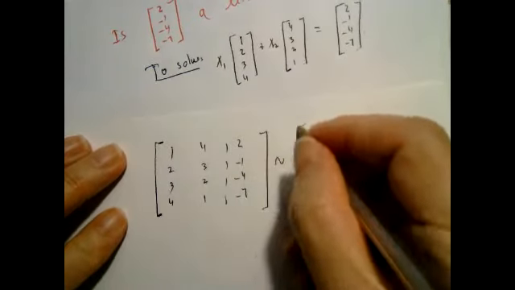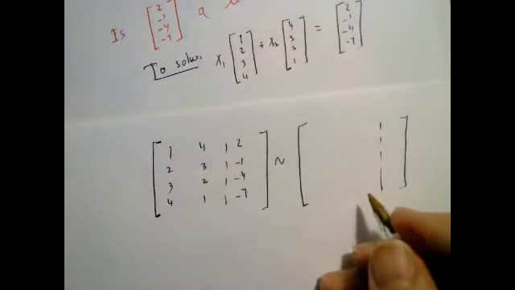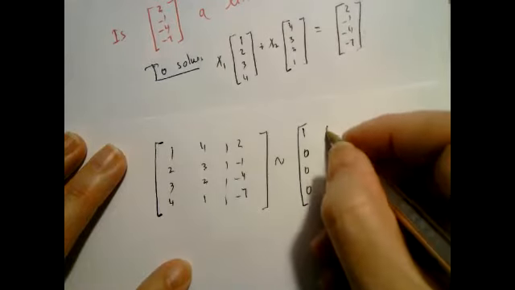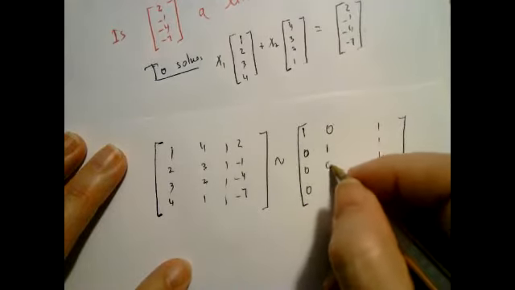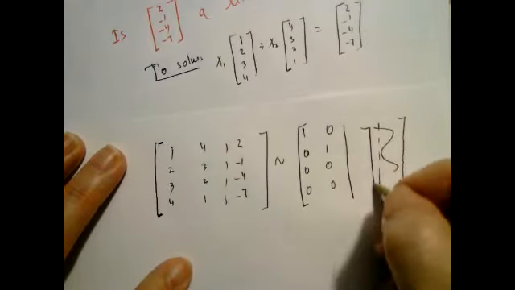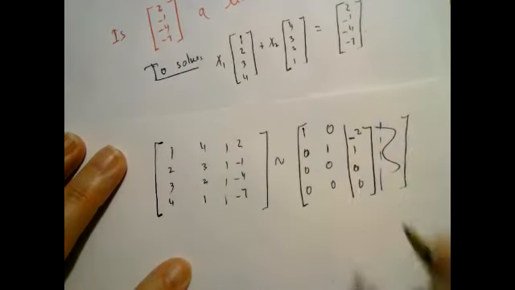Now I solve it. Of course, I'm not going to do that by hand now. I used the computer to do it, and I get the following: -2, 1, 0, 0.